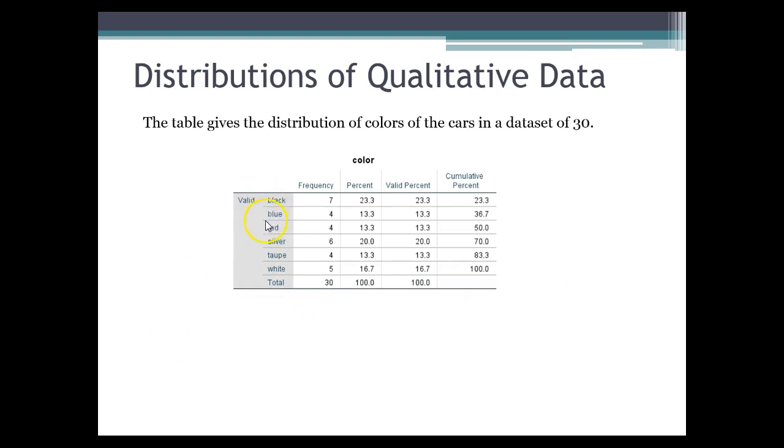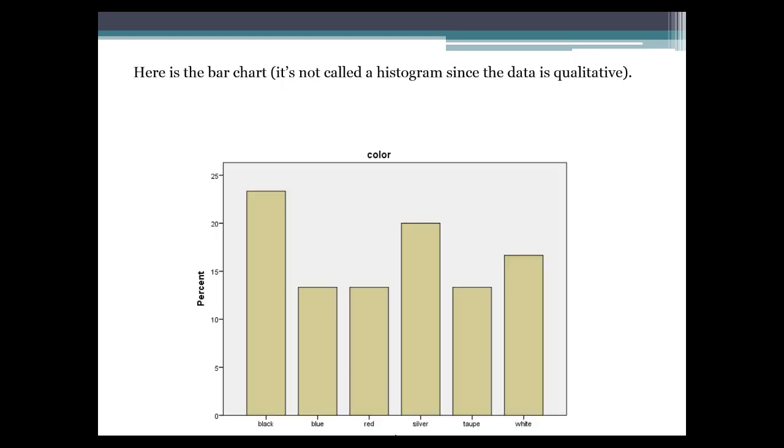We were looking at car colors for a group of 30. So using the same SPSS instructions that we did a minute ago to get the other one, we did this. So this is the distribution of colors from SPSS going to the frequencies, just like we did before.